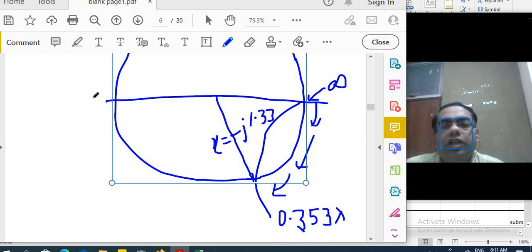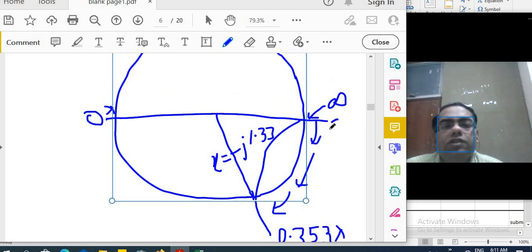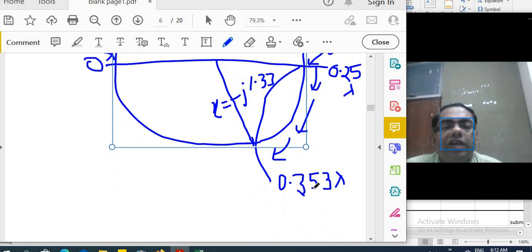This reading actually starts from 0 lambda, so this is 0.25 lambda, and this is 0.353 lambda. My length of the stub, the other solution, is just the subtraction of these two.